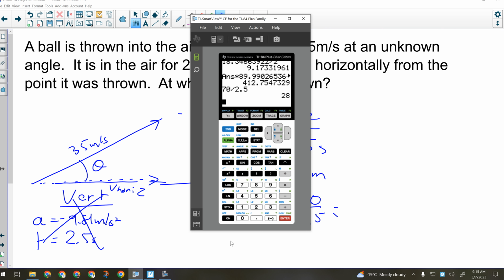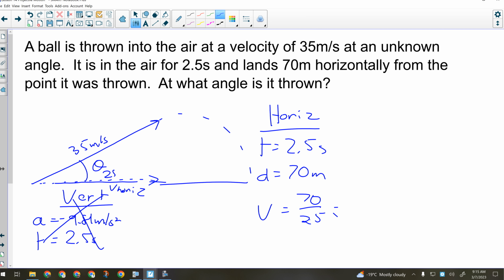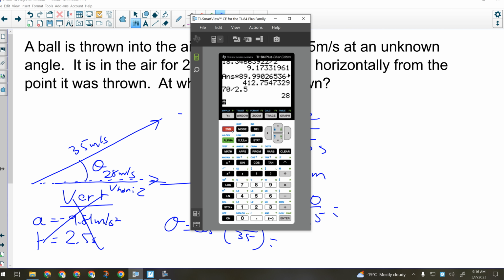Now I've got that side being 28 meters per second, and now I can use the adjacent side and the hypotenuse to get the angle. So theta will be the inverse cos of the adjacent side, 28, divided by the hypotenuse, 35, and that will give me my angle.